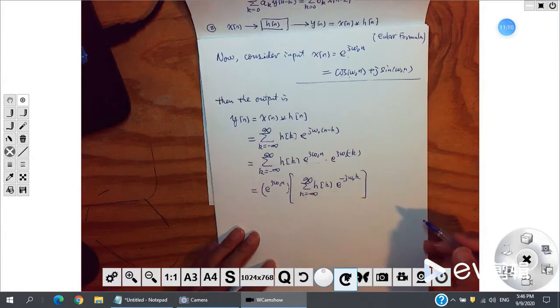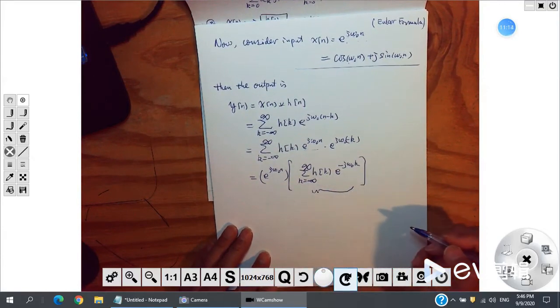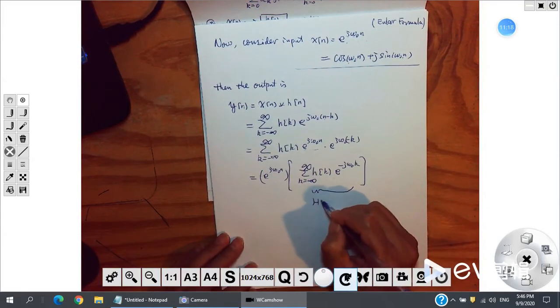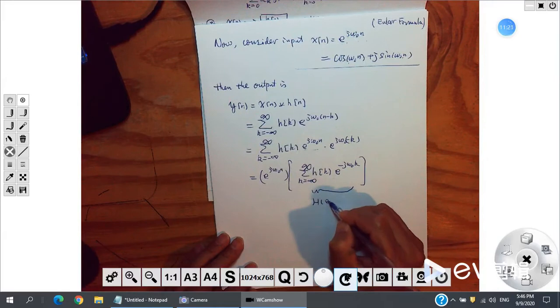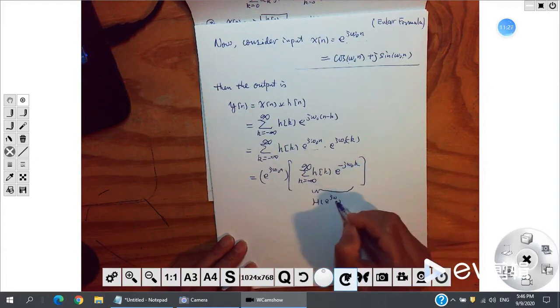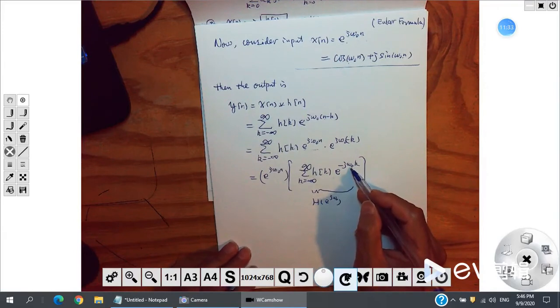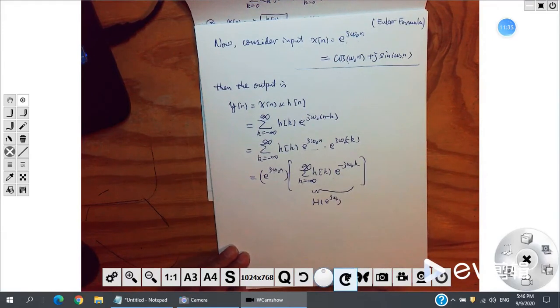Now what is this? Yes, this is the Fourier transform of h, the frequency response. Of course, here it is omega 0, not all omega, just one fixed omega 0. So it is the value of the frequency response when the frequency is omega 0.